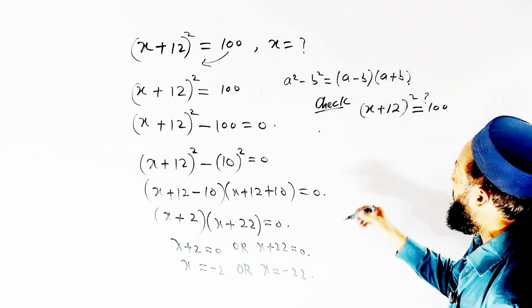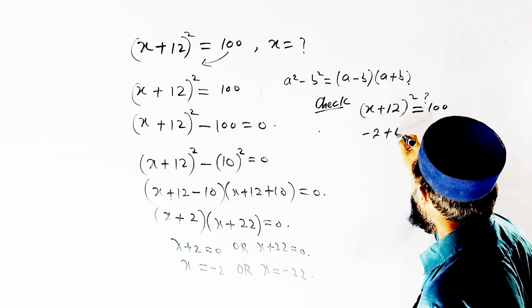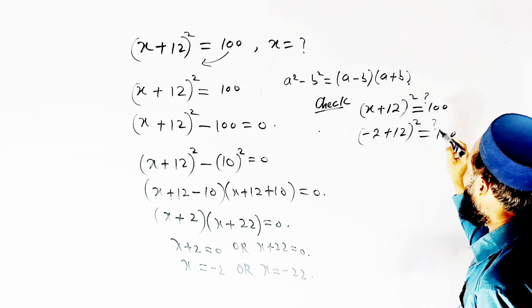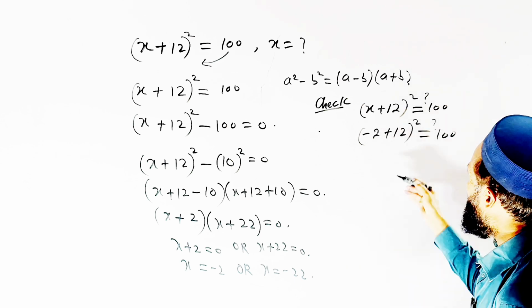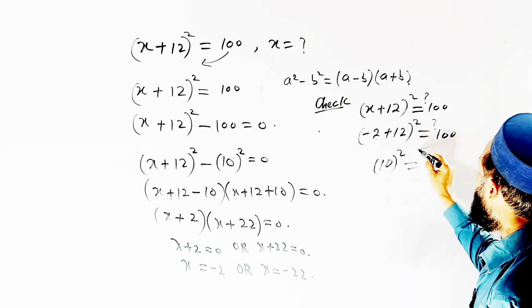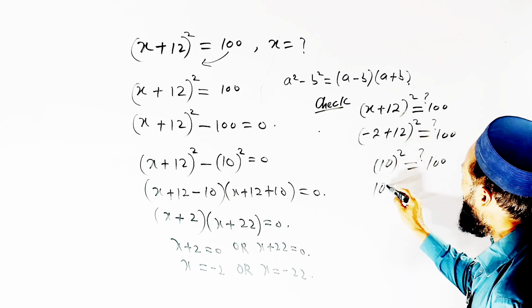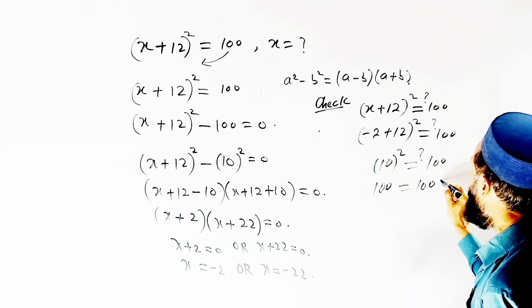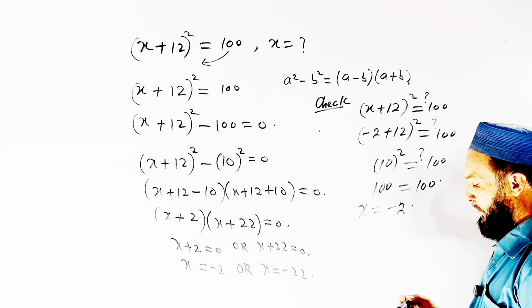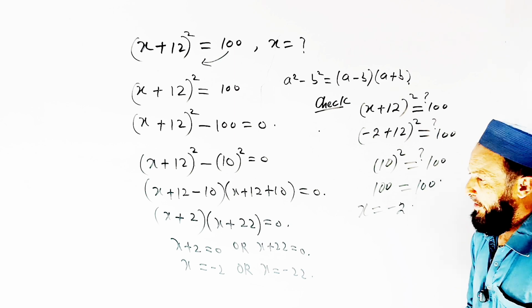If we put the first root, (minus 2 plus 12)² is equal to 100, that is the question mark. Minus 2 plus 12 we get 10. 10² is equal to 100. So 100 is equal to 100. That means x is equal to minus 2 is a root of the given equation and is satisfied.